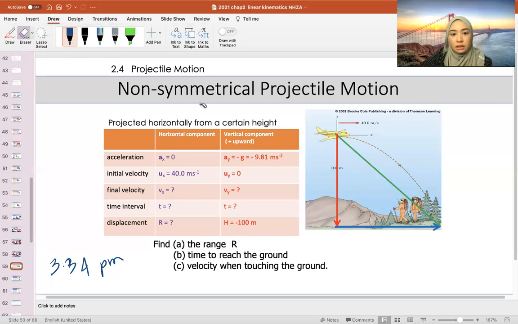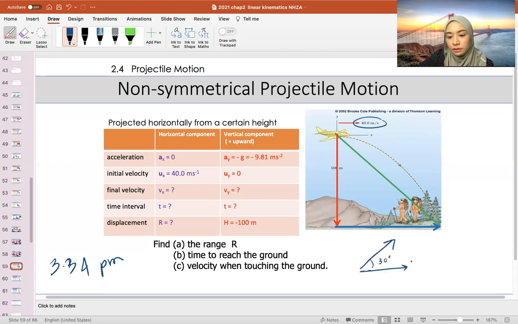This one is a non-symmetrical projectile motion whereby this is an airplane. It has a velocity in the x direction, and the velocity is equal to 40. This is the velocity in the x direction, and it does not have a velocity in the y direction. What I mean here is, previously our launching velocity had some angle, right?